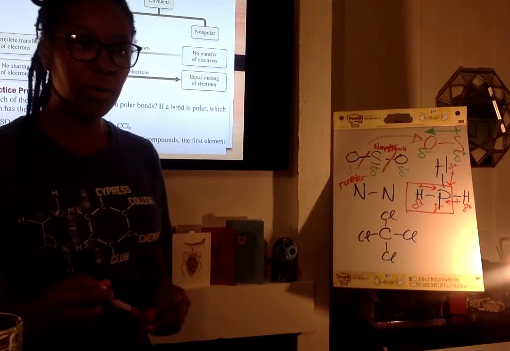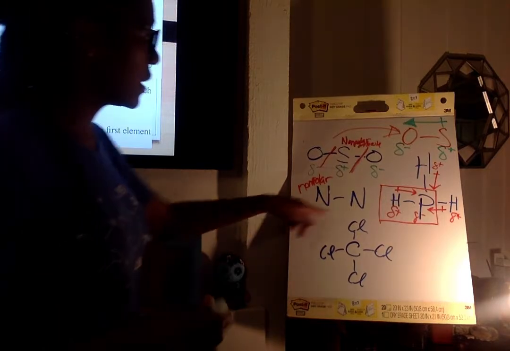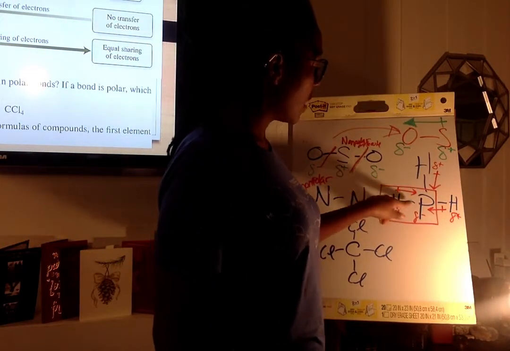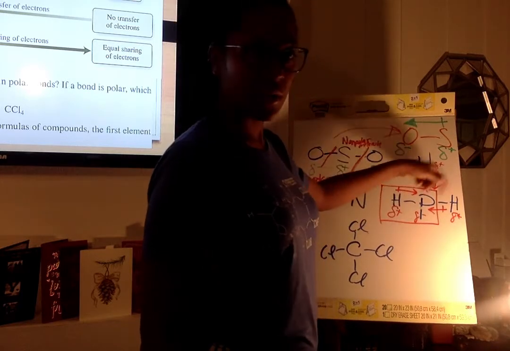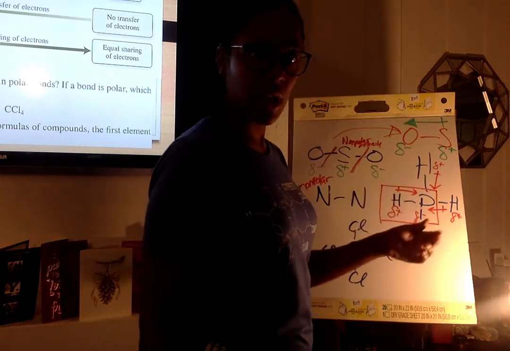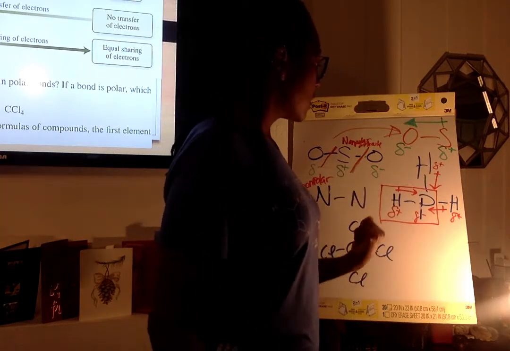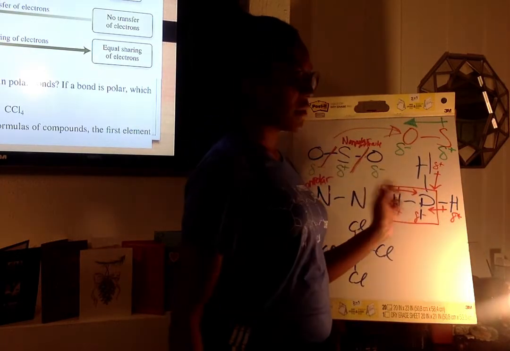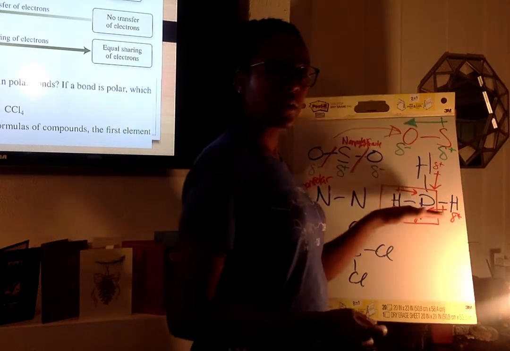So now, you can see we have three arrows. Our arrow for this H and P bond is going in that direction, this one's going in that direction, and this one's going in this direction, because it's all the same bond, just three of the same thing. So this is going to have the same pull as this one. This is pulling in, and this is pulling in, so these equal each other out.